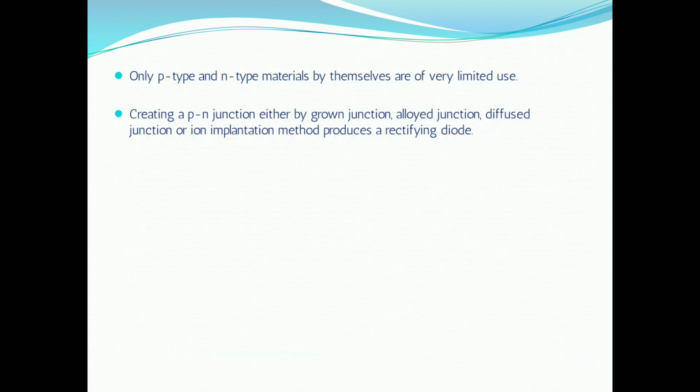Now we have p-type material and n-type material. Only p-type and n-type material by themselves are of very limited use. We cannot make devices out of only p-type material or n-type material. So by creating a p-n junction, either by grown junction, alloyed junction, diffused junction, or ion implantation method, we produce a rectifying diode.